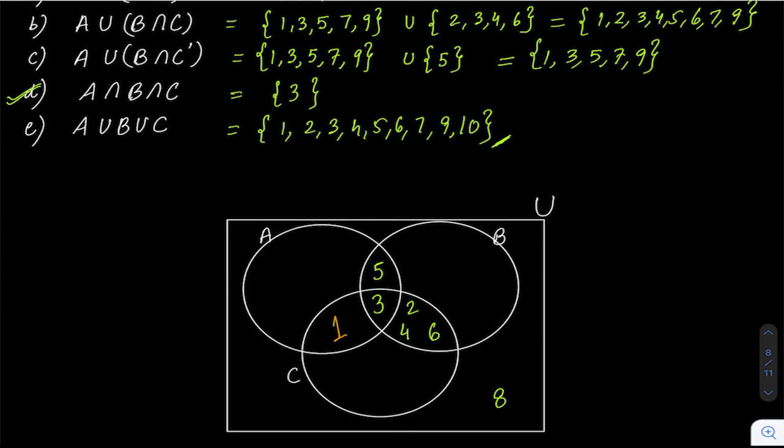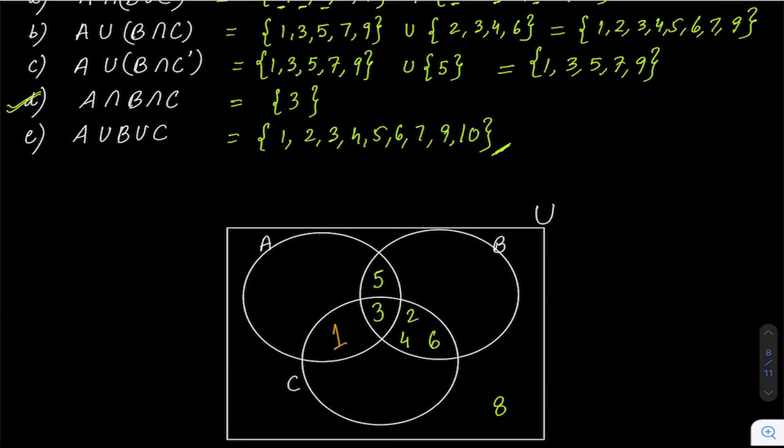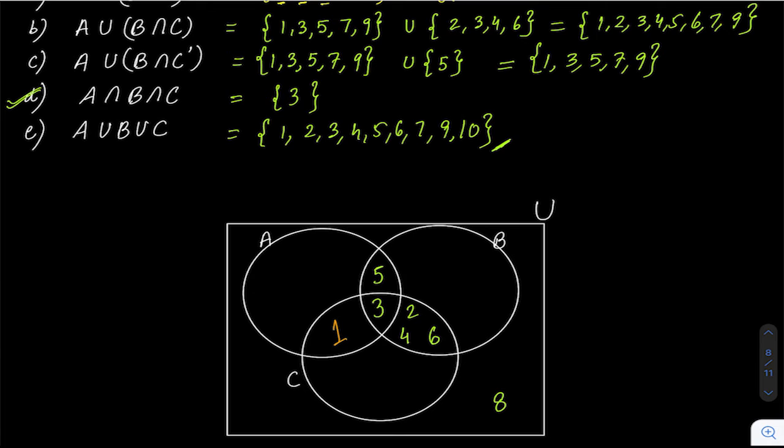Once you have done this, we know what elements are there in A: 1, 3, 5, 7, 9, basically odd numbers. In set A, you can see that 1, 3, 5 are already there. So what is missing? 7 and 9. So let's write 7, let's write 9.